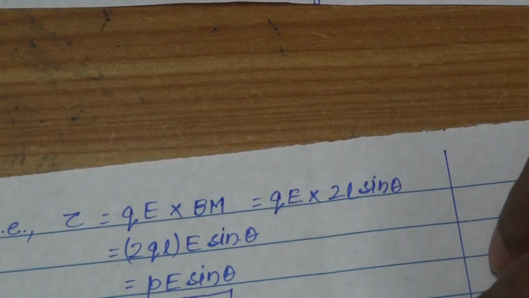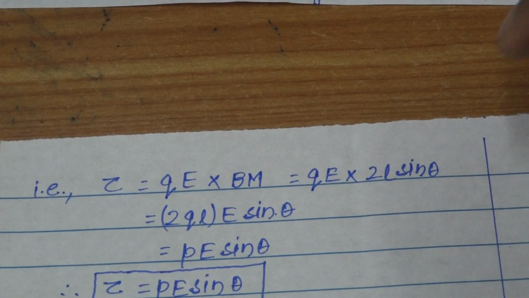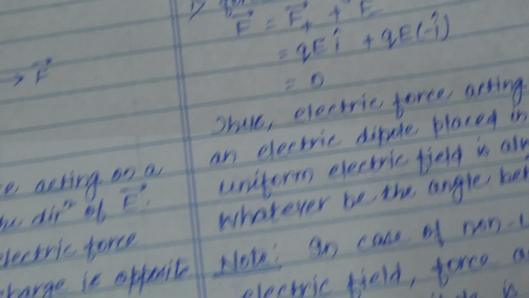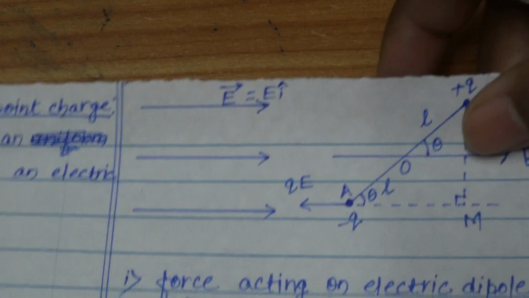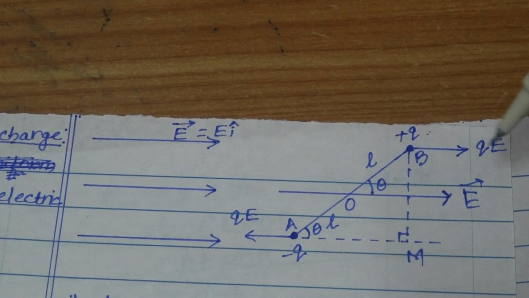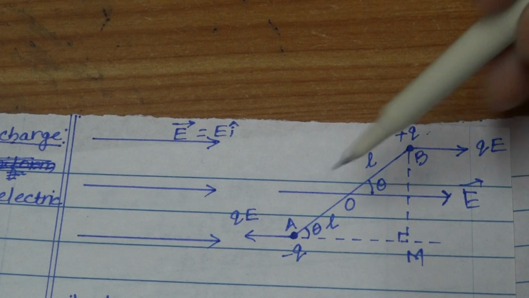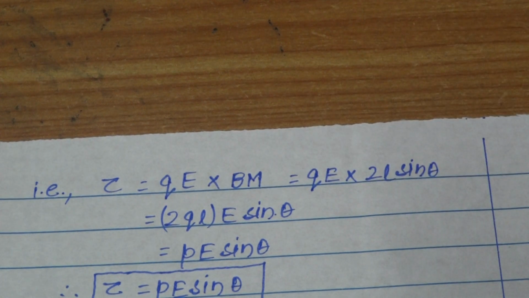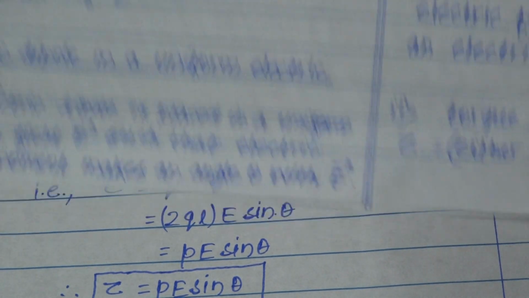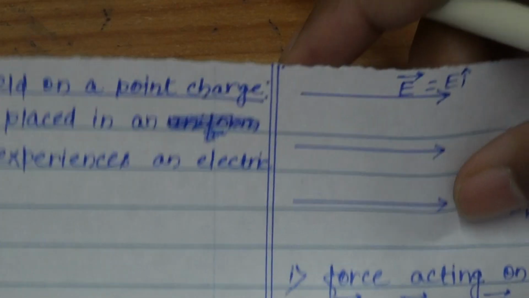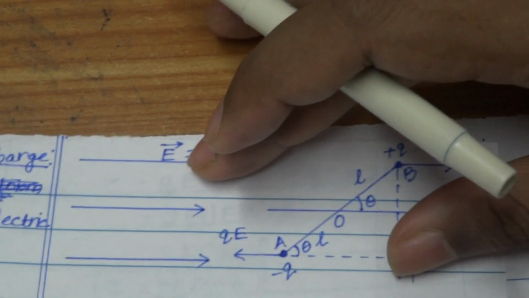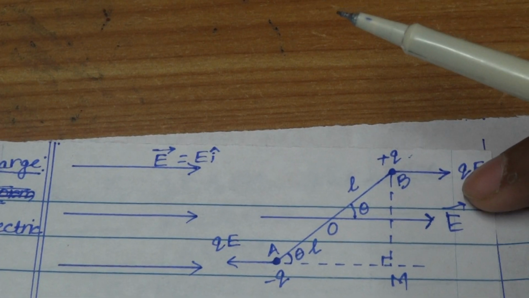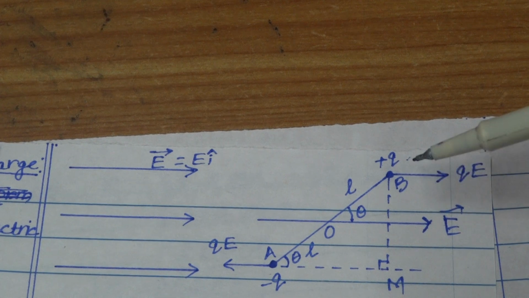In place of one of the forces, let us put QE, because in the diagram it is clearly seen that equal forces are QE, QE. So for equal force we have written here QE. Now for the perpendicular distance between the lines of forces, focus on this diagram.